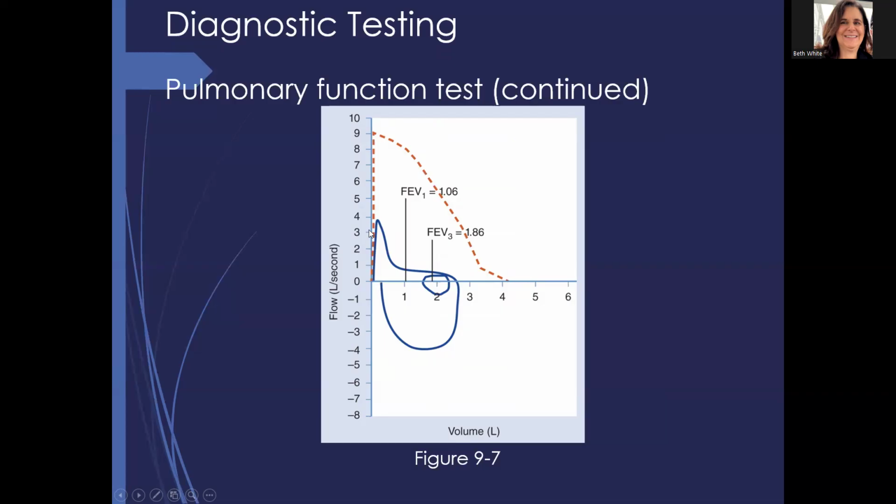Here you have that patient inhaling and then exhaling forever and ever because they have an obstruction. So when you have the ski slope, or other people have called it the skateboard ramp, that is very indicative of chronic obstructive pulmonary disease.